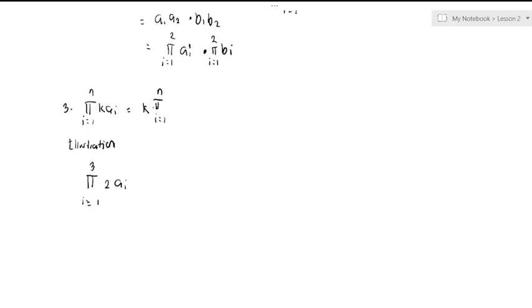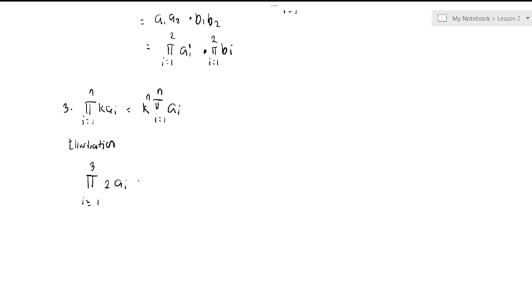Okay, by the way, so dito, dapat pala K raised to N yung nasa labas. Kasi siya, kasali si K dito sa product notation. So let's make it K raised to N, Pi I equals 1 to N of A sub I.